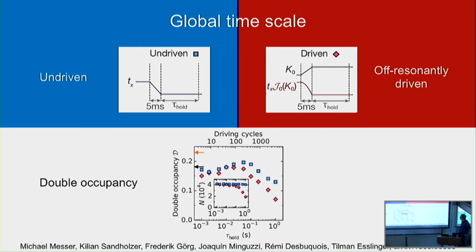Again, off-resonantly driven, and then we can see this going up, and finally the heating kicking in on longer timescales. And here we can also see that at some point we lose atoms in the driven system. But again, over a good time, the effective Hamiltonian describes the system well.